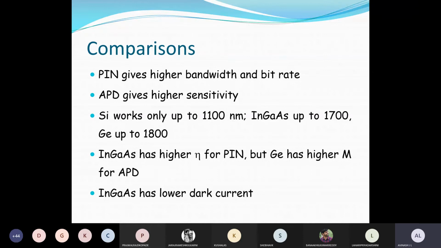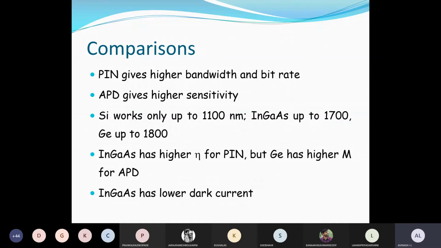If you want to increase further, we can go for germanium, Ge, which will work up to 1800 nanometers. So silicon works only up to 1100 nanometers, indium gallium arsenide works up to 1700 nanometers, and germanium works up to 1800 nanometers.